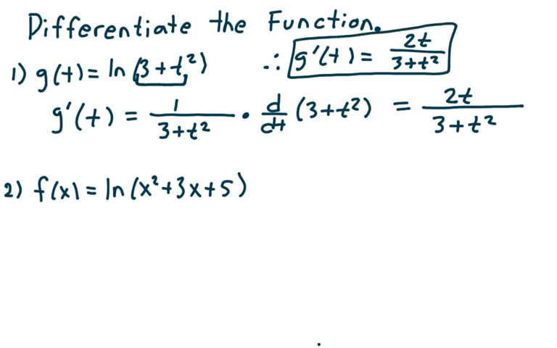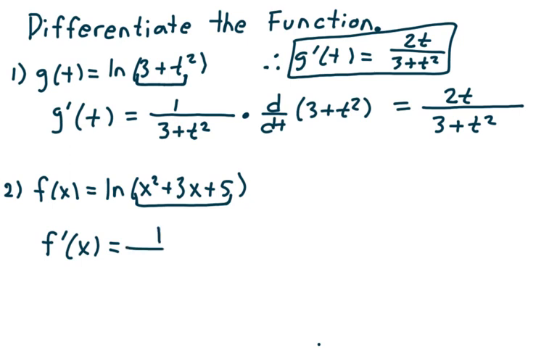So in example 2, we have f of x is equal to natural log of x squared plus 3x plus 5 if I want the derivative. So I'm going to get f prime of x. Notice how the inside function is x squared plus 3x plus 5.